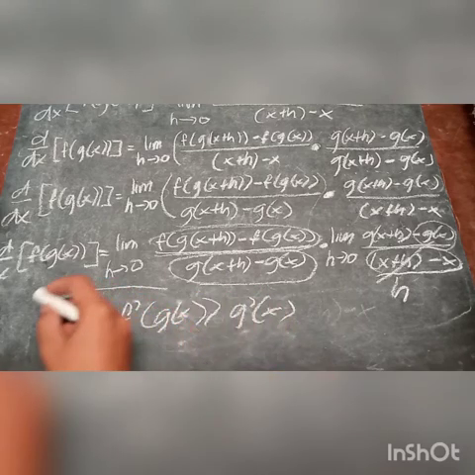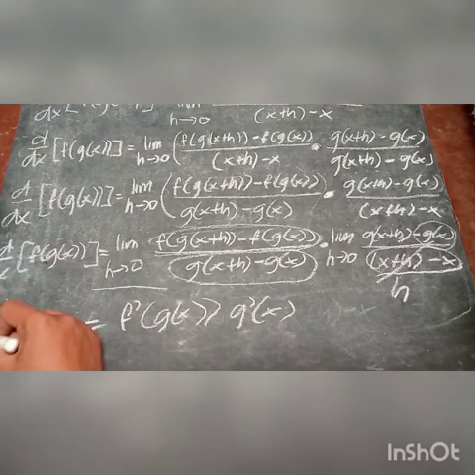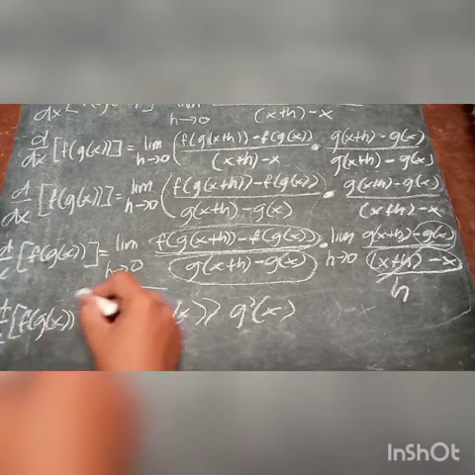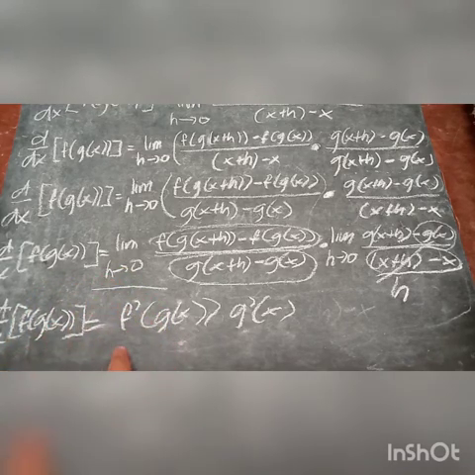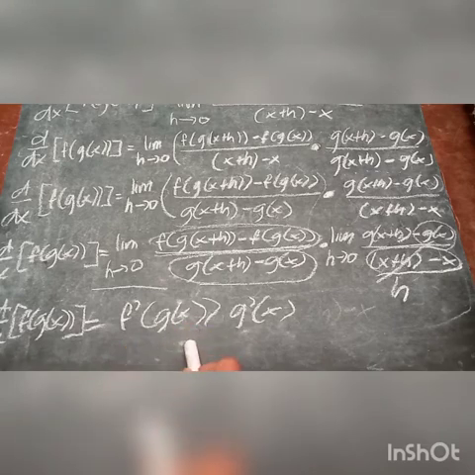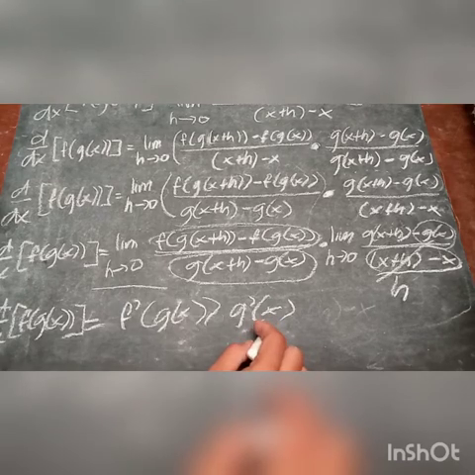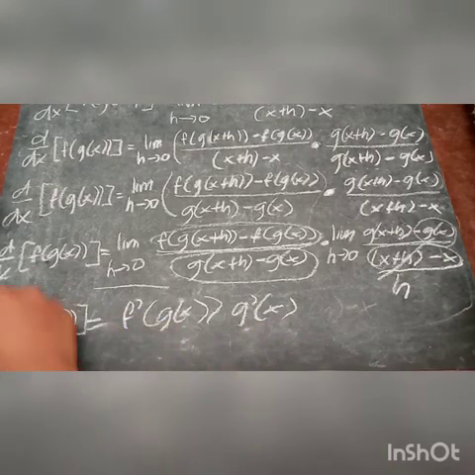So this is going to be the derivative of f of g of x is equal to f prime of g of x times g prime of x. So now we're done with our proof.